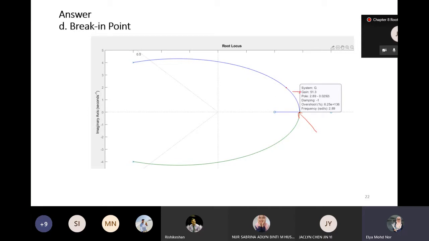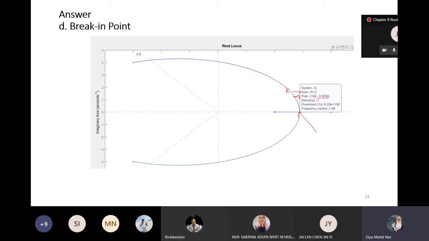At this point, the gain K equals 51.3, and the point that it goes to here is 2.89 minus 0.0292i. The i here actually represents j.